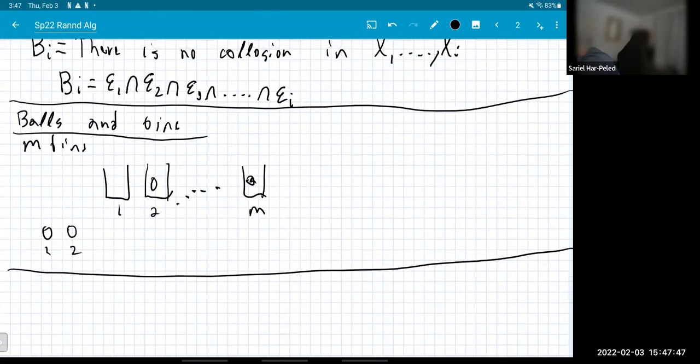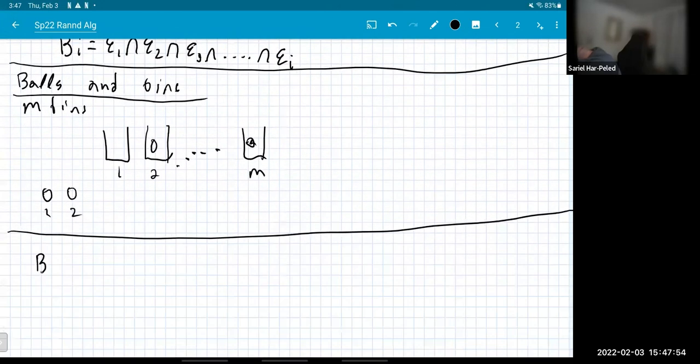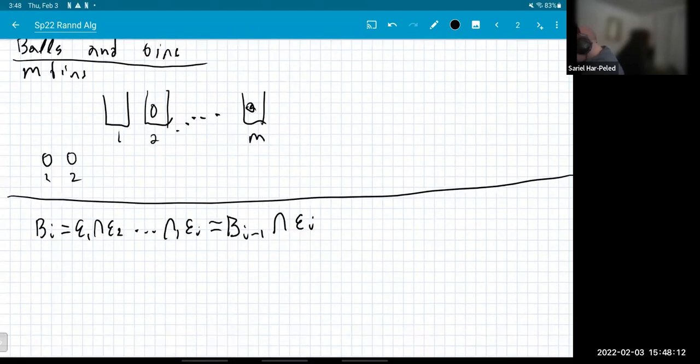Okay, so I defined those two variables, Ei and Bi. Now, if you think about Bi for a second, we said that Bi is just the intersection of E1, E2 to Ei. In particular, you can write it as the intersection of Bi minus 1 with Ei. Why is this useful? Well, we want the probability of Bi, the probability that all the balls are distinct.